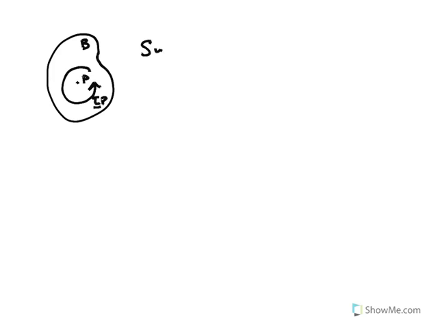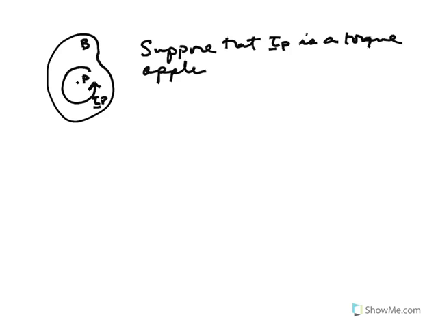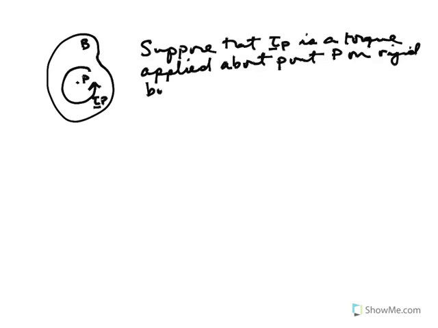So suppose that tau P is a torque applied about point P on rigid body B.